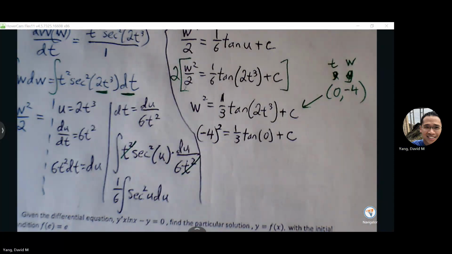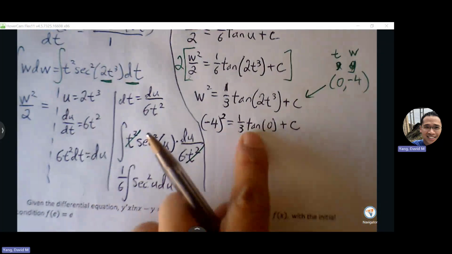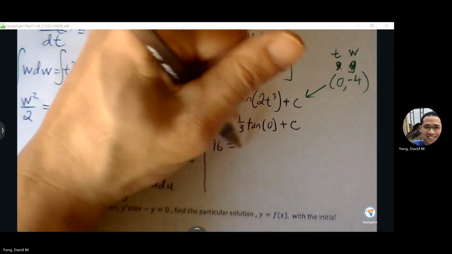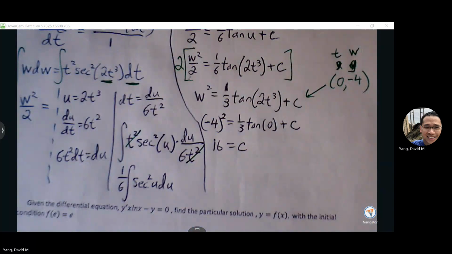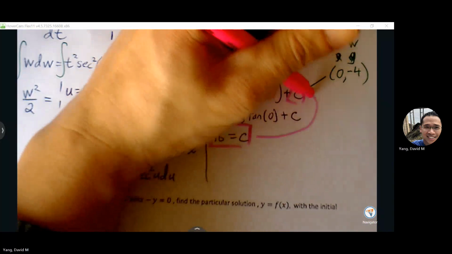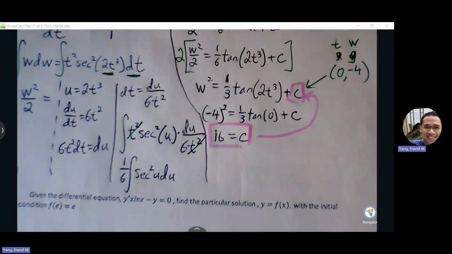Okay, so tangent of 0 is 0. Right, so 16 is C. Take our C value, put it back where we started making the substitution, and then we're almost there.